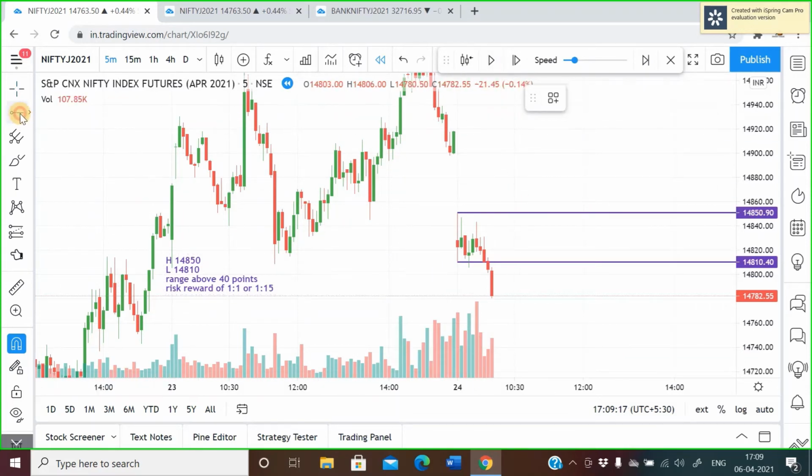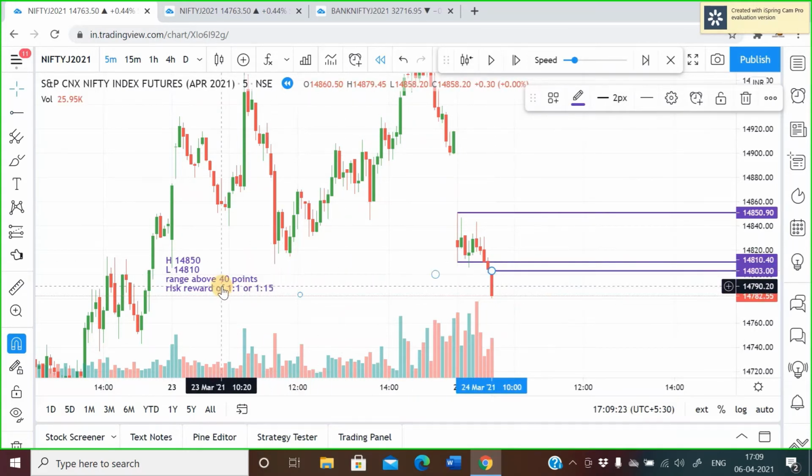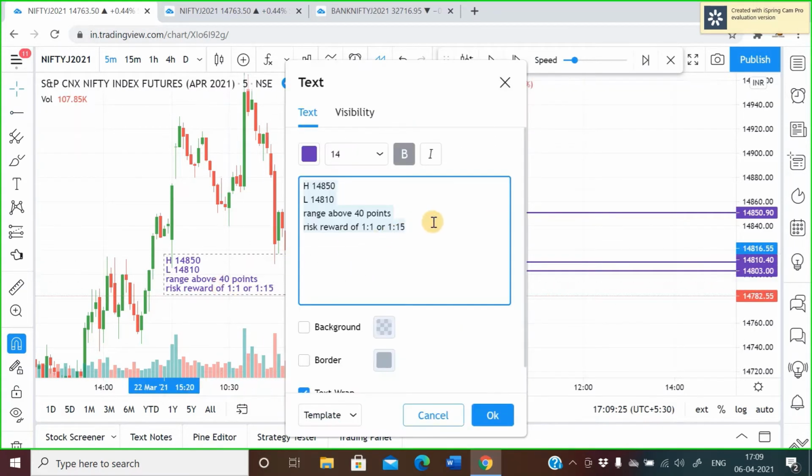So this is going to be my entry, 14803 is my short entry. So I'm entering a short trade at 14803. My risk reward is very clear. I'm looking for 1:1. So my stop loss is very clear. My stop loss SL is 14850.